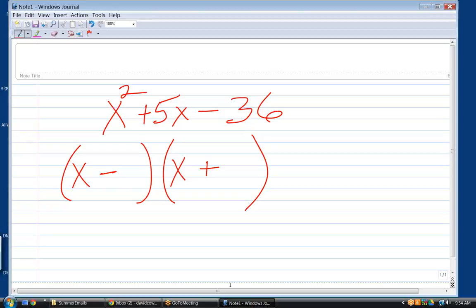Add them. No. Subtract them because of that again. In other words, this sign is extremely important. It not only tells you what both signs are going to be, but it also tells you whether the factors need to add or subtract to that number. So we need them to subtract to 5.